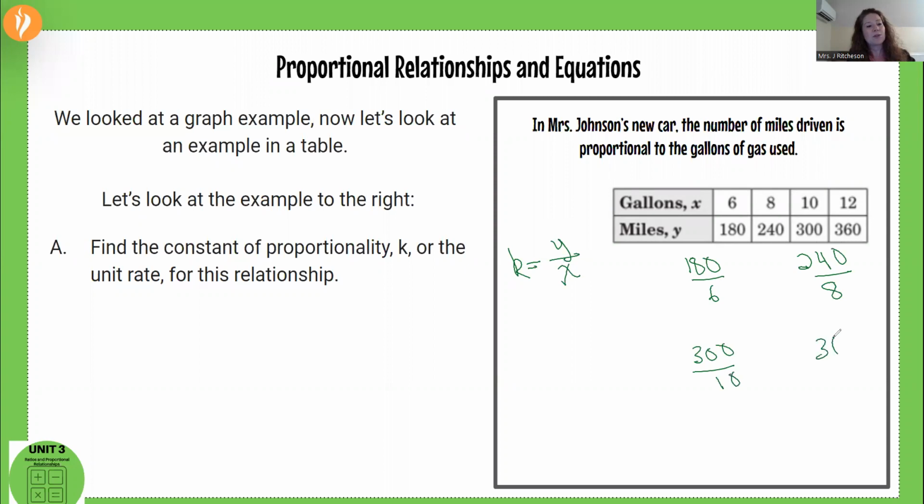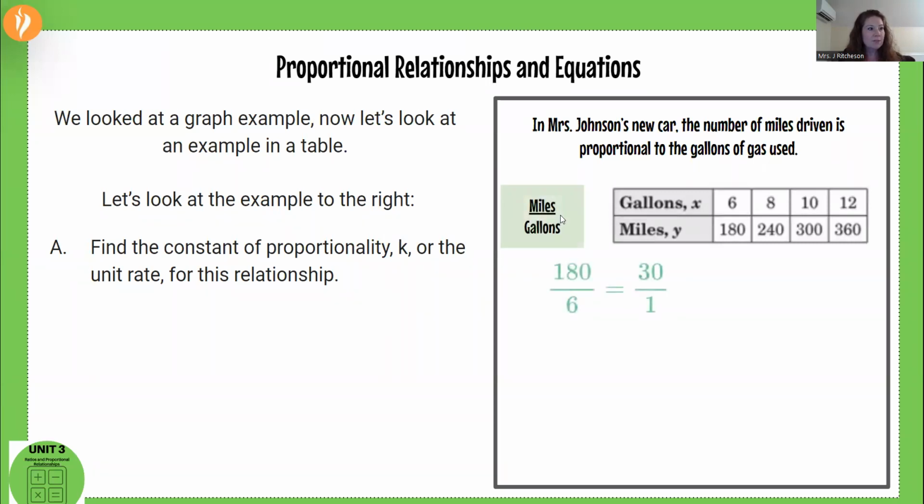And is that equal to 360 divided by 12? Well, the answer is yes. In every scenario, it's equal to 30. If any one of these is equal to anything other than 30 when we divide, it would not be a proportional relationship.